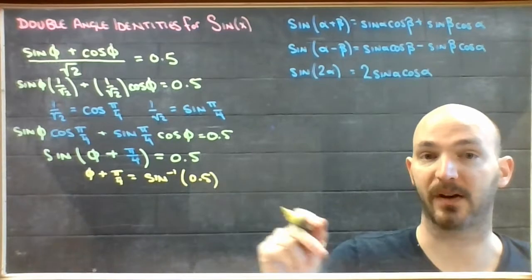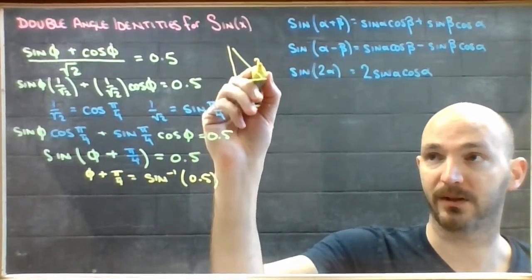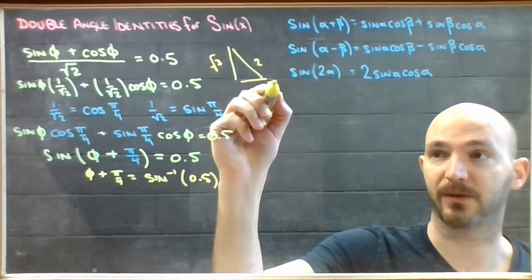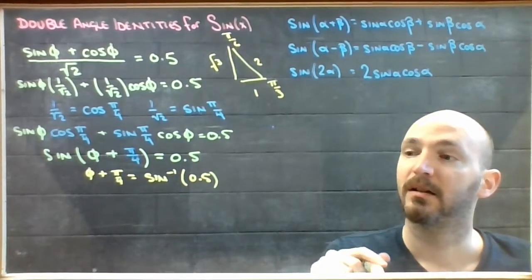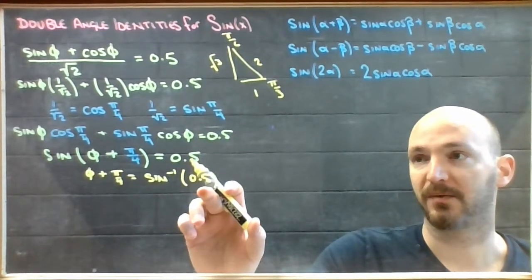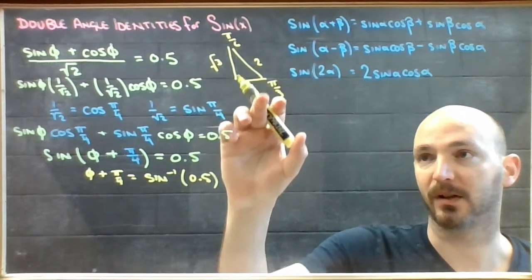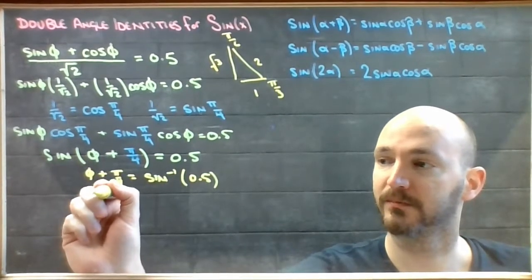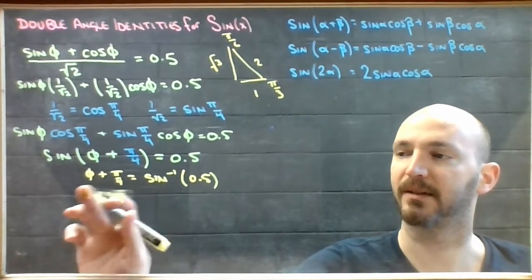Now 0.5 is a special triangle value. Right, 1, 2, root 3. This is pi over 3. This is pi over 6. So arc sine of 0.5, the sine ratio, so opposite over hypotenuse, that would be pi over 6. No, I guess that splits, doesn't it?